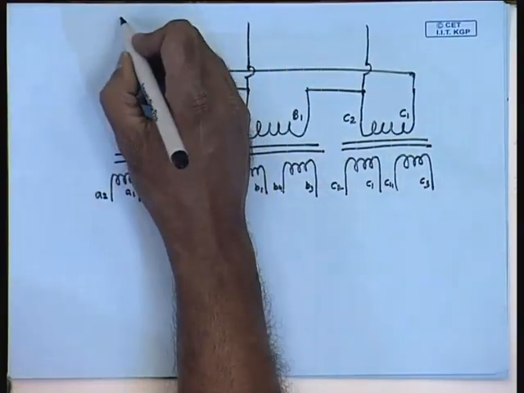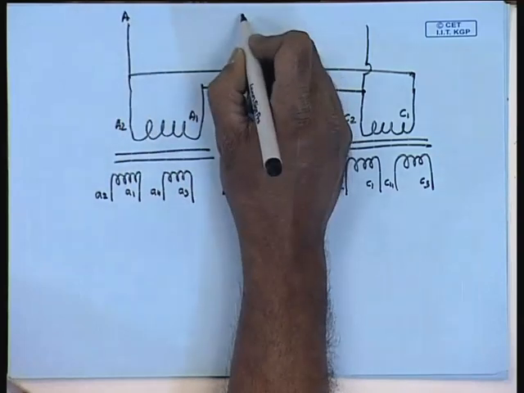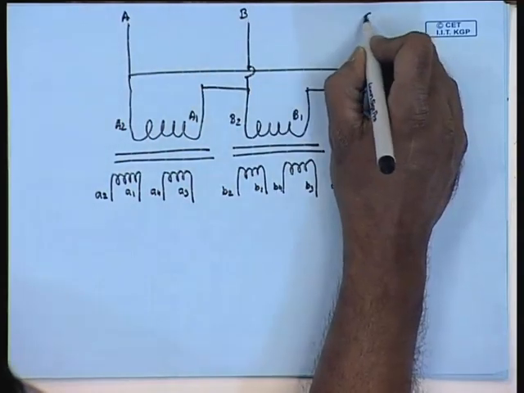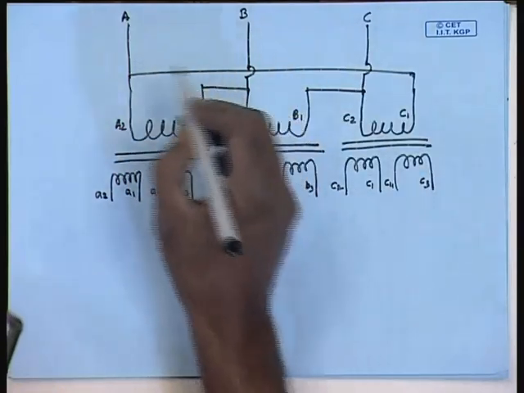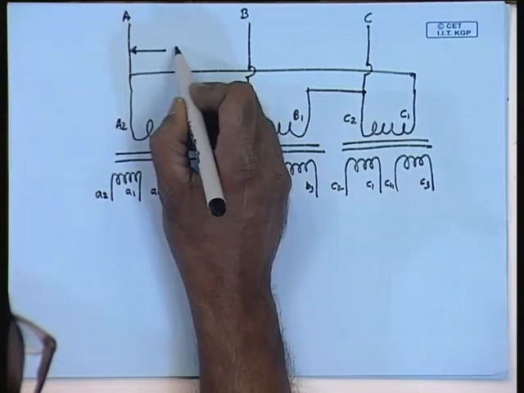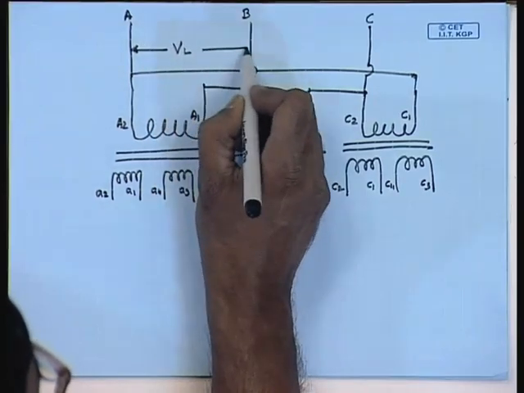So, this is phase A, this is phase B, this is phase C of the high voltage side. This is the line to line voltage V L.